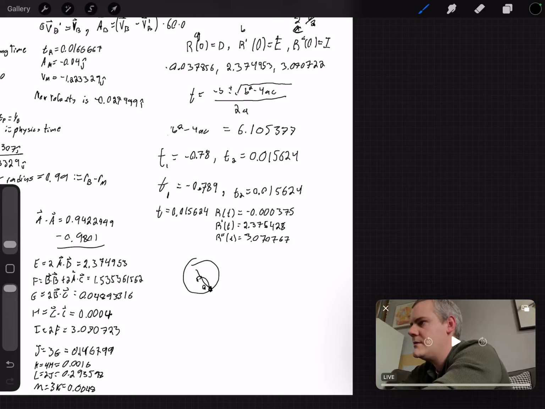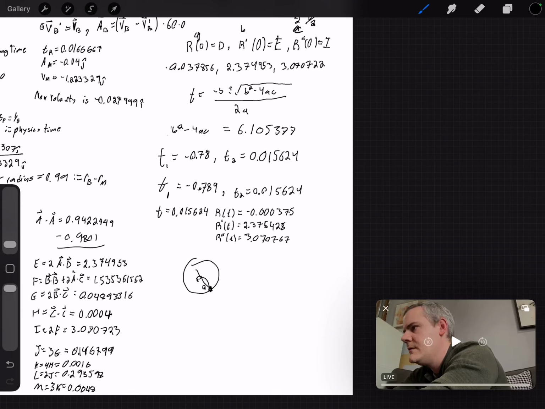If T1 is greater than 0, T1. How do I do this? Is T already defined somewhere? It must be, okay. If T1 greater than 0, T is equal to T1.